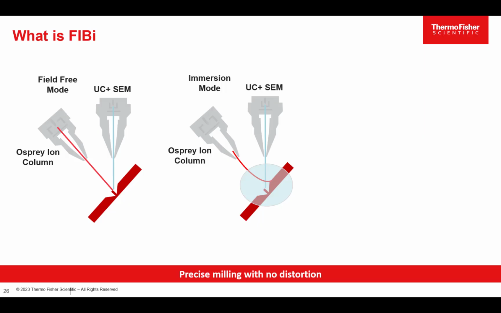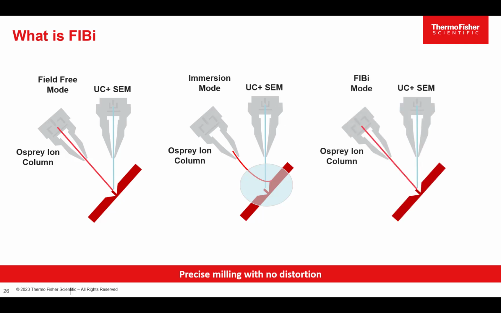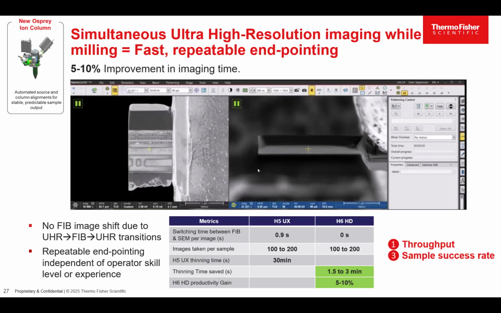It was kind of annoying because it really took a long time to switch between the FIB and the SEM. But now there's corrective optics that when you turn on immersion mode, it steers the beam back into place. So that results in just improved endpointing.